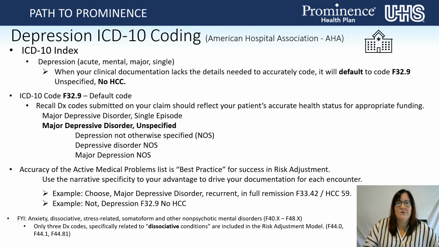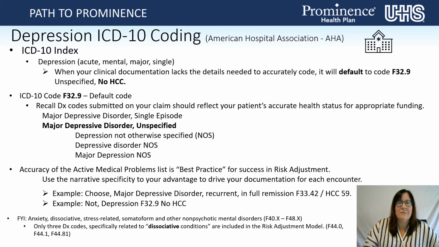F32.9 default code codes to things such as major depressive disorder, single episode, major depressive disorder, unspecified, depression, depressive disorder, or major depression. Recall that the diagnosis code submitted on your claim should reflect your patient's accurate health status for appropriate funding.